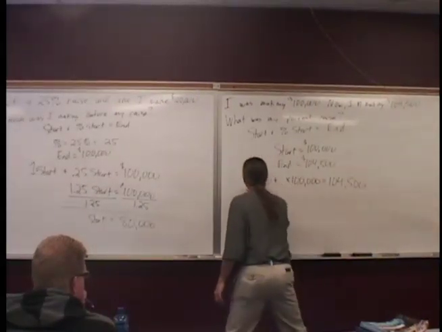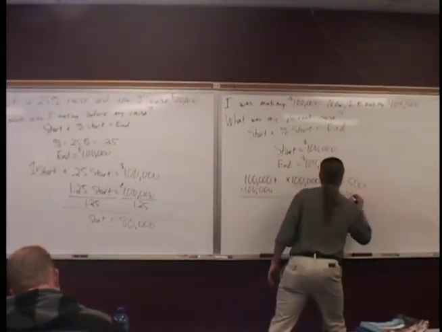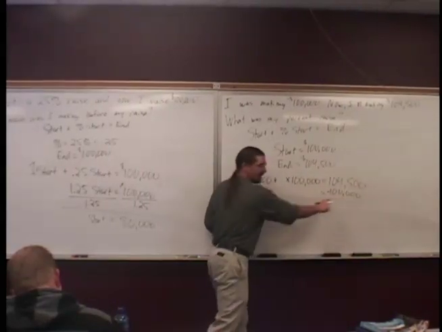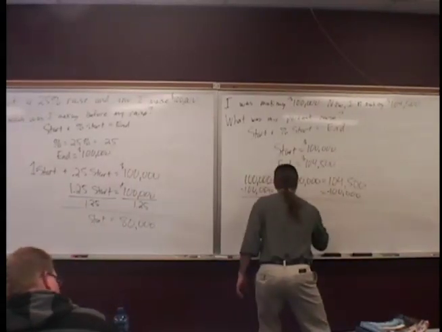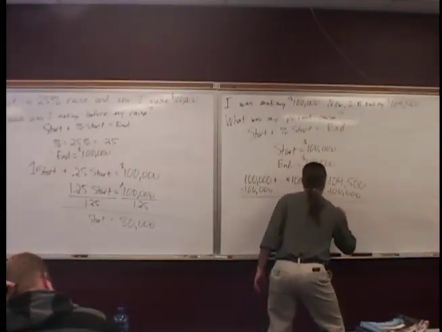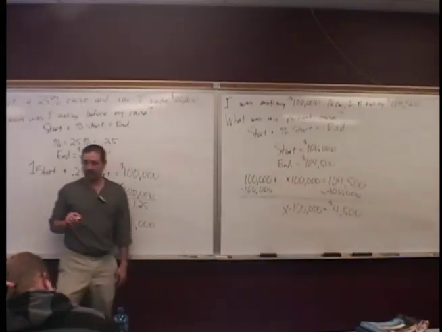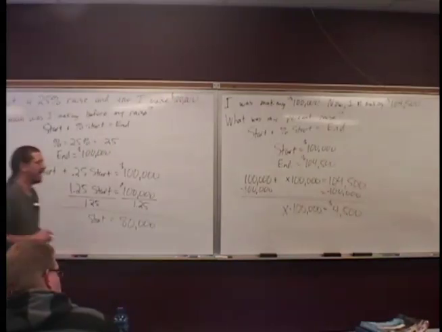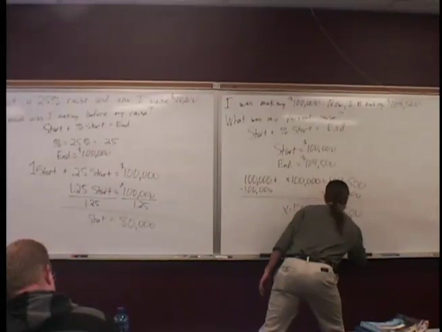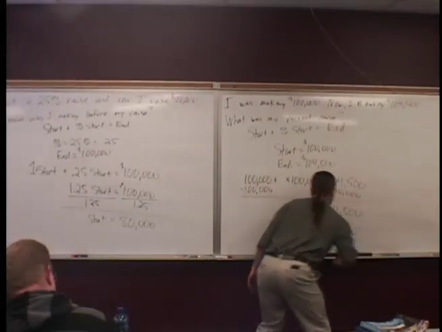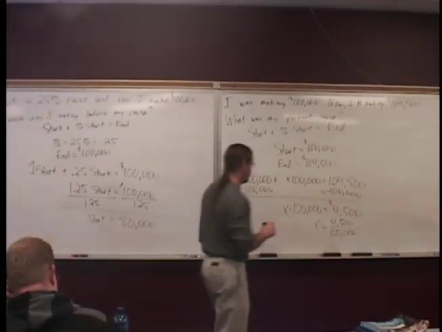All right? So we subtract $100,000 from both sides. Please note that you always have the subtraction on both sides of the equal sign. So x times $100,000 equals $4,500. How do I get the x by itself? Divide by the 100,000, right? Again, be careful with this.